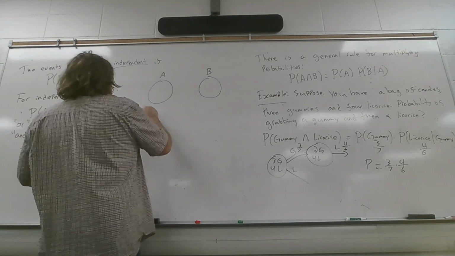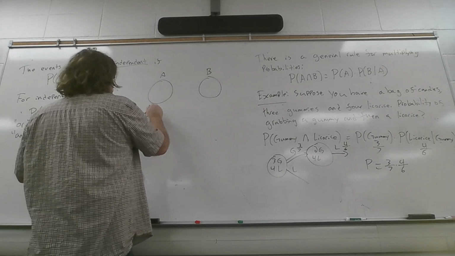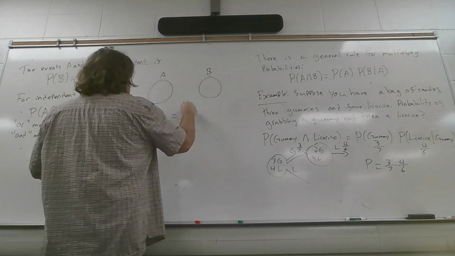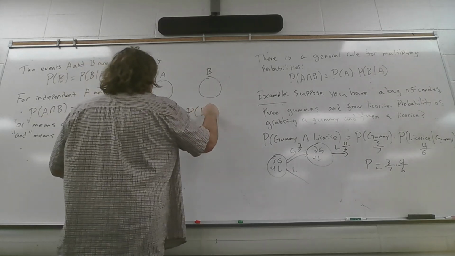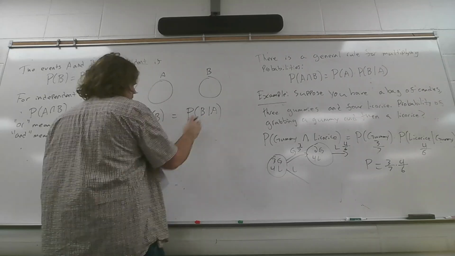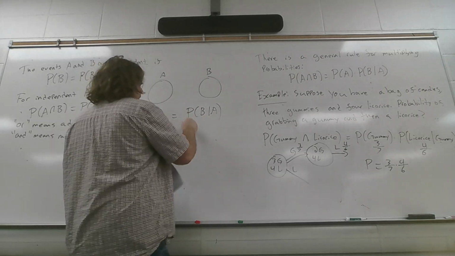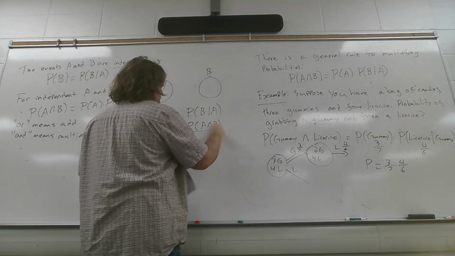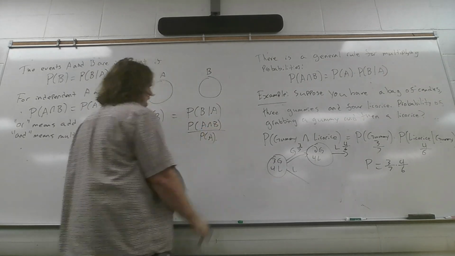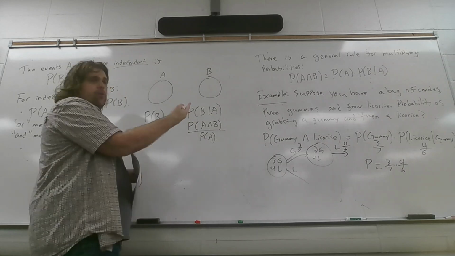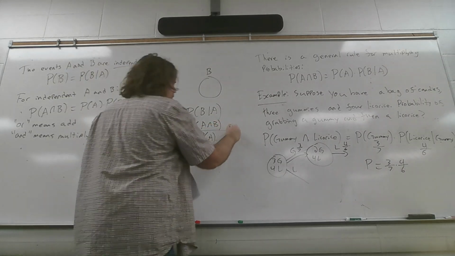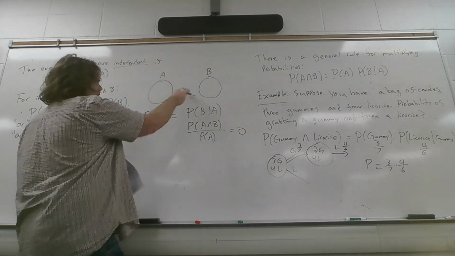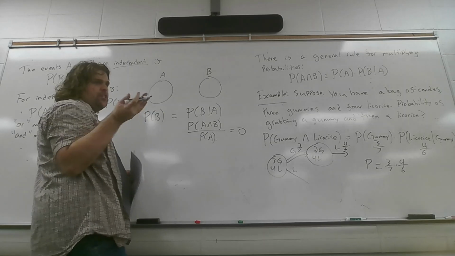Well, that would mean the probability of B equals the probability of B given A. But what is this probability? So this is the probability of A and B over the probability of A. Hey, wait a minute, the probability of A and B is 0, right? It's empty. But this is obviously not 0. So if they're disjoint, they can't be independent.